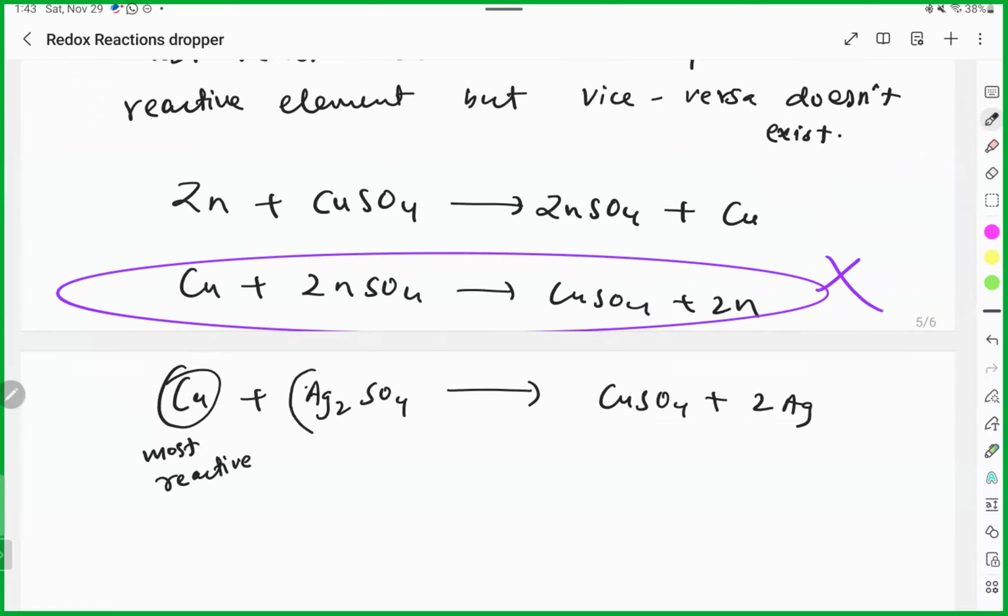That's the reason. So more reactive can replace less reactive, but ulta is not possible. Understood, guys? Very important. And this will be explained by the reactivity series.